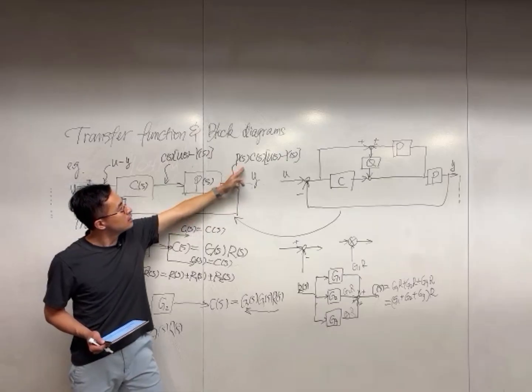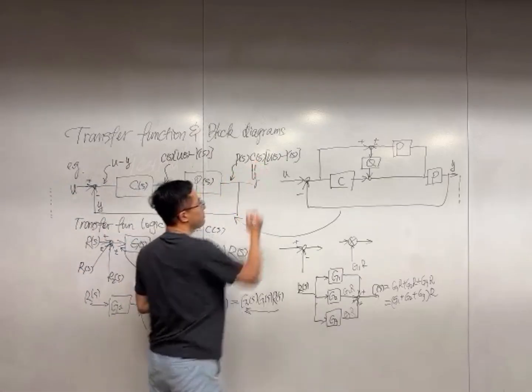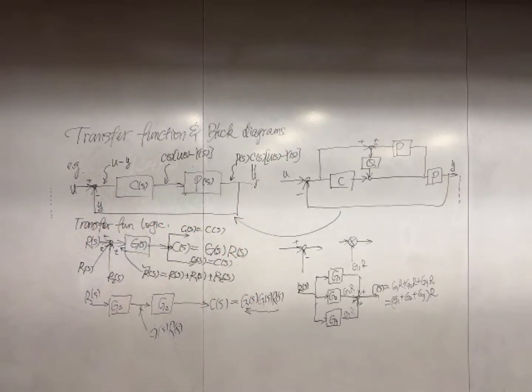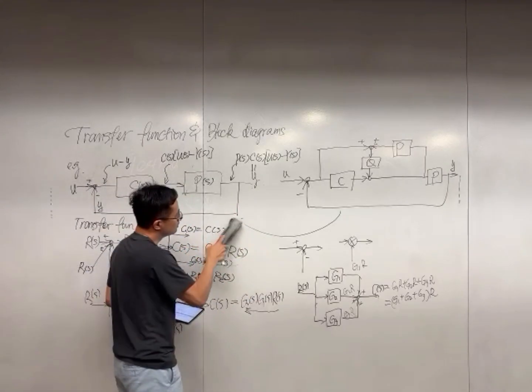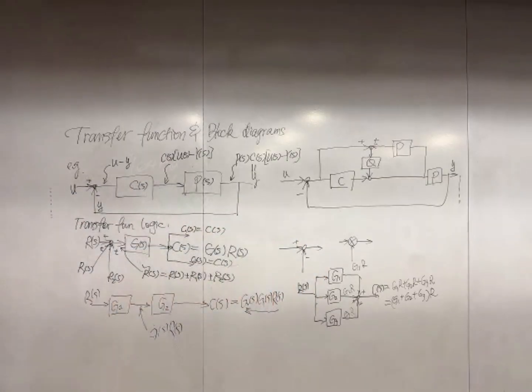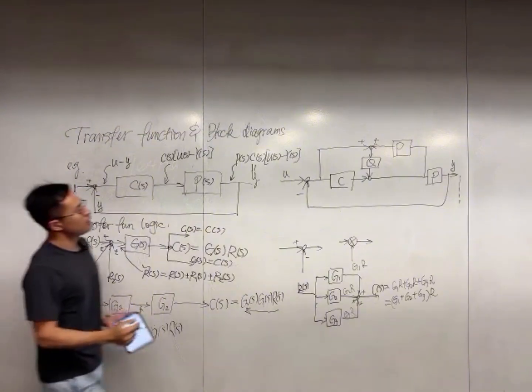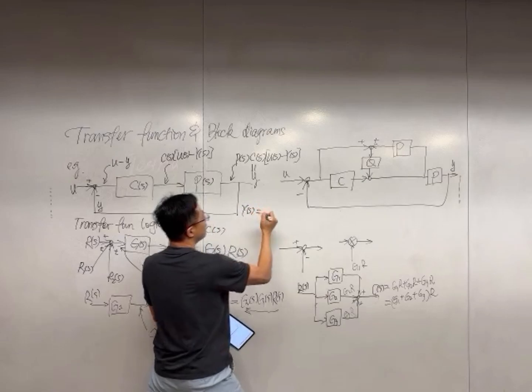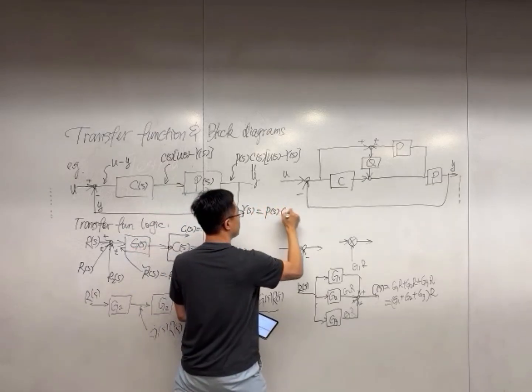So these two signals must be the same, and therefore you have a relationship. So that means, write it this way, Y equals PC(U minus Y).